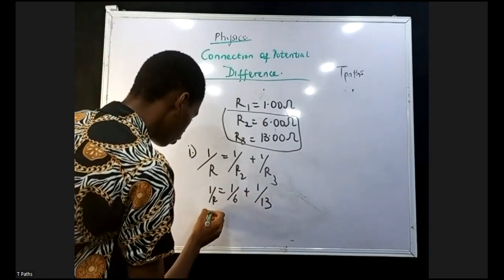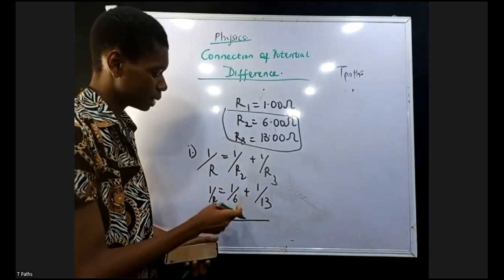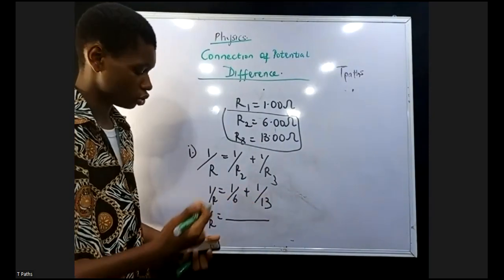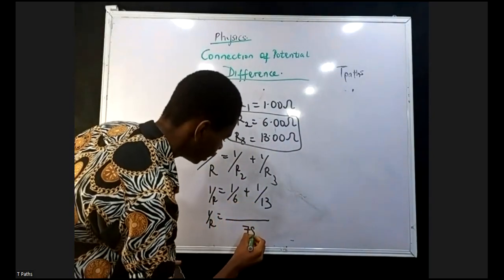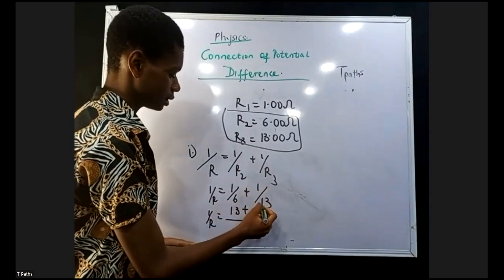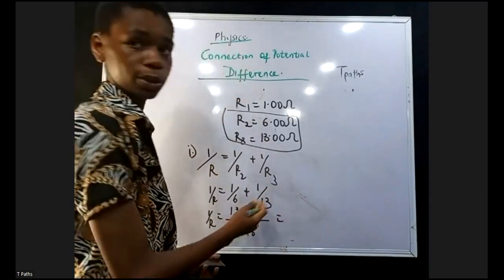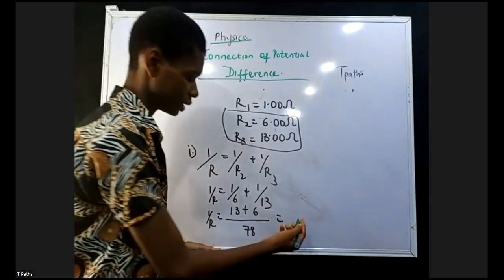Here I can look for the LCM. The LCM of 13 and 6 should be 78. So 6 in 78 is 13, and 13 in 78 is 6. This gives me 13 plus 6, which is 19.